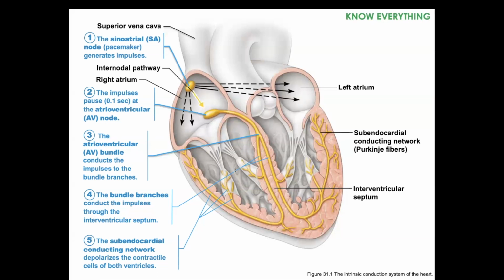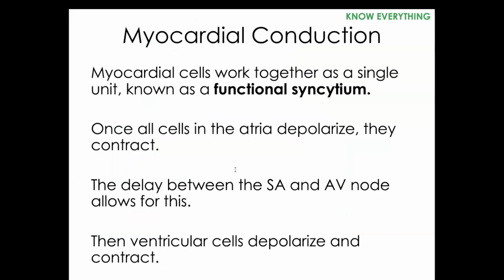After this pause, the AV node then conducts the signal down to the atrioventricular bundle, which will separate into left and right bundle branches and the interventricular septum. This signal will then terminate in the subendocardial conduction network, also known as Purkinje fibers. At this point, the ventricles will be stimulated to contract.